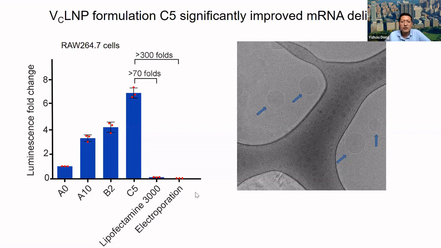These are two of the state-of-the-art technologies for delivering RNA into macrophages. And on the right, we can visualize the particle morphology through electron microscope. You can see here the particles have a spherical morphology, and their particle sizes are relatively homogeneous.